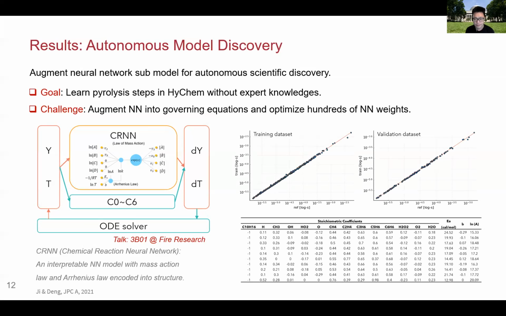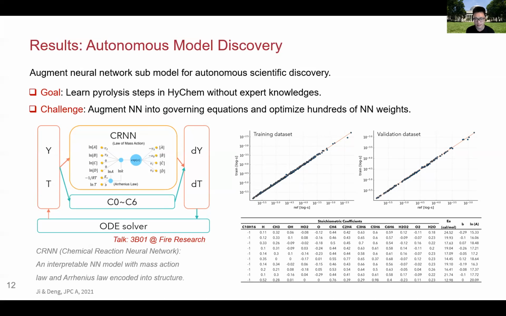With the capability of optimizing the hundreds of parameters in the neural network, we get a neural network that can accurately predict the ignition delay time compared to the training data.